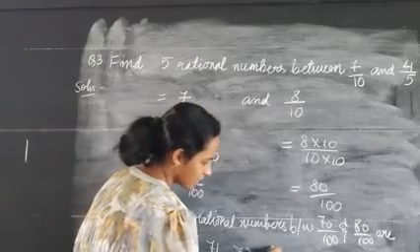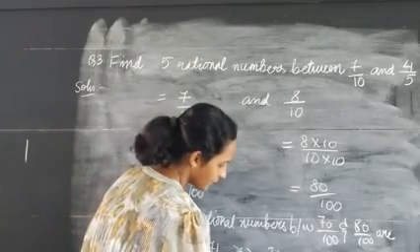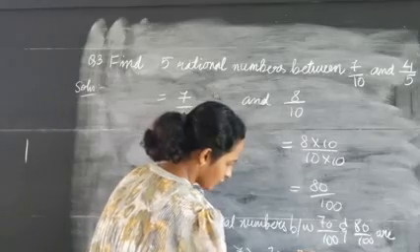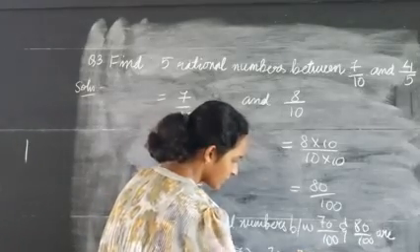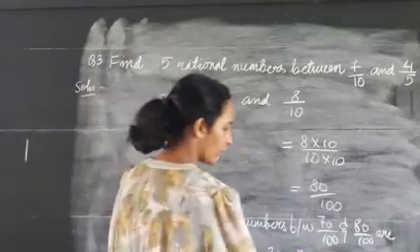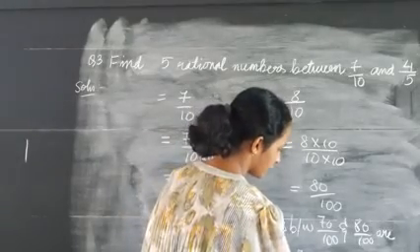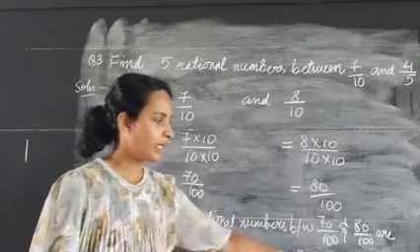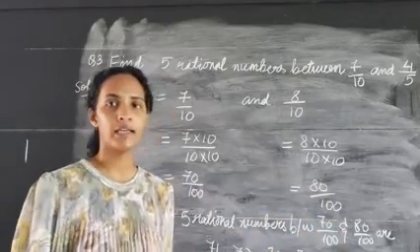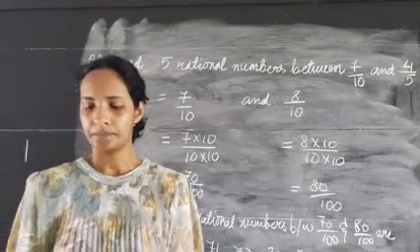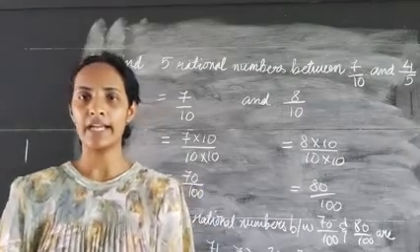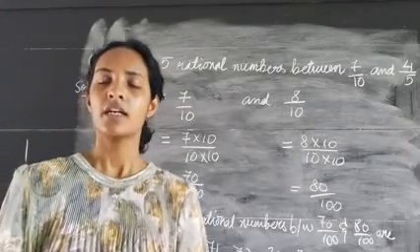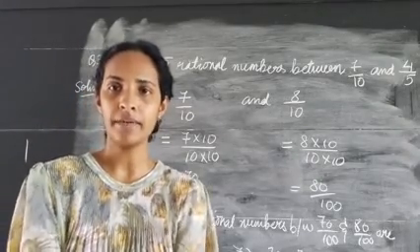Yes. 73 by 100? Yes. 74 by 100, and I can take any number, so why don't I take 79 by 100? Yes. The numerator can be any number between 70 and 80, right? So, this is how you find rational numbers between two given numbers, okay?